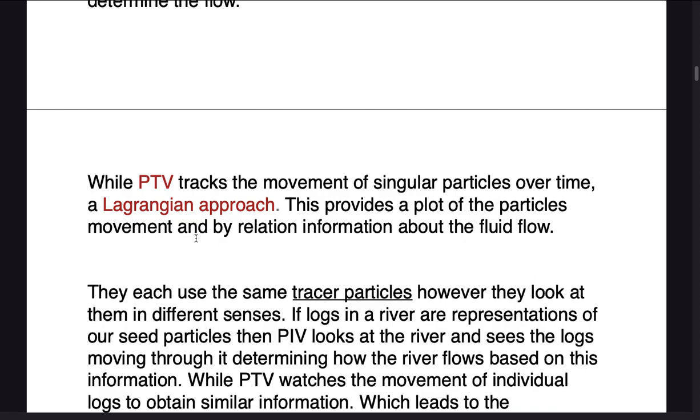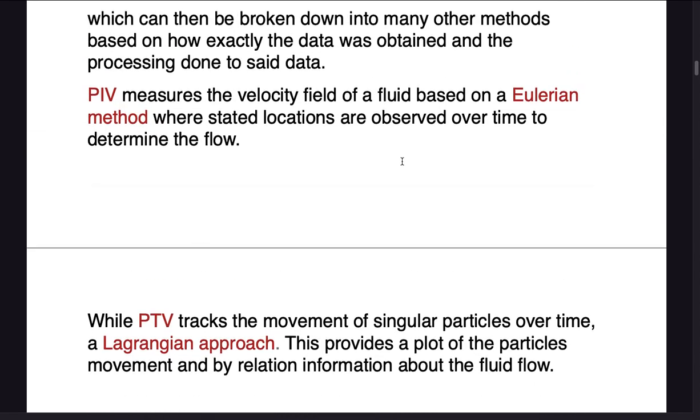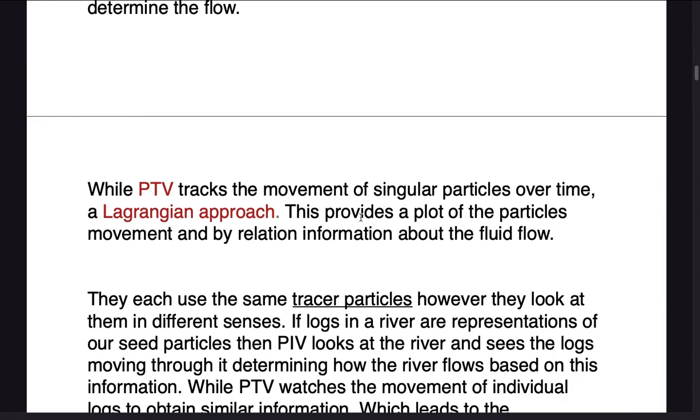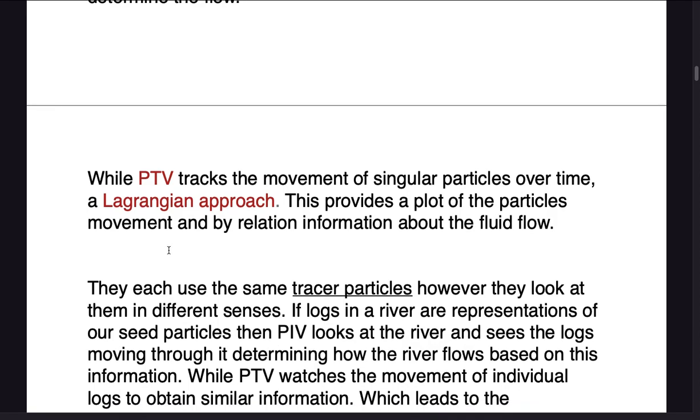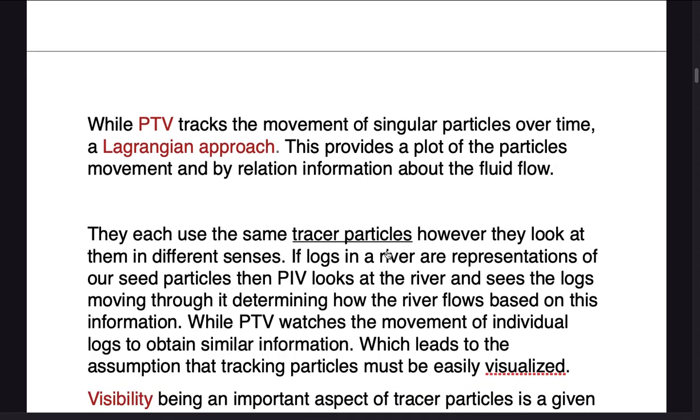So in PTV we use Lagrangian methods and in PIV we use Eulerian methods. The Lagrangian approach in PTV provides a plot of particle movement and, by relation, information about the fluid flow.